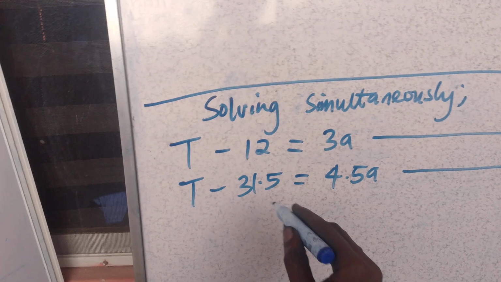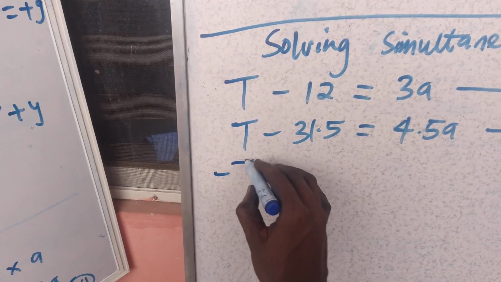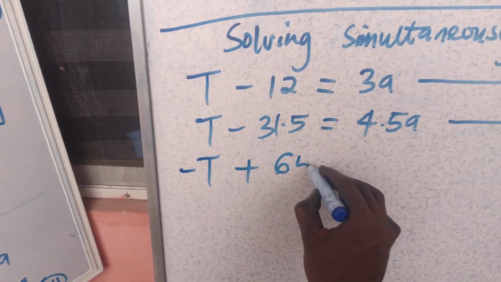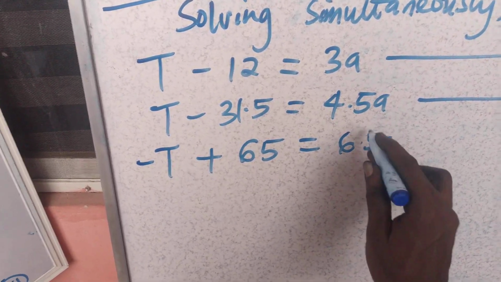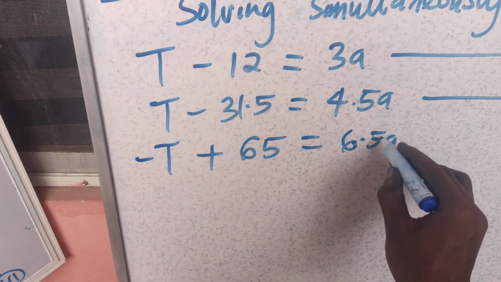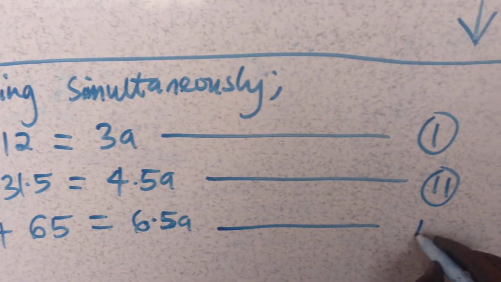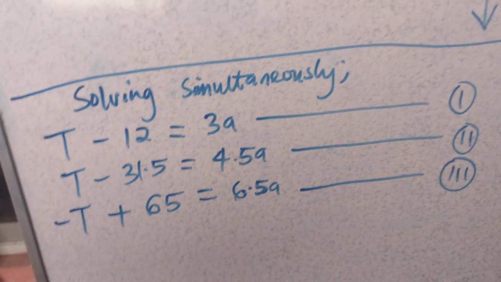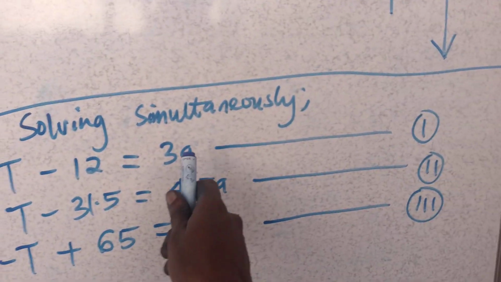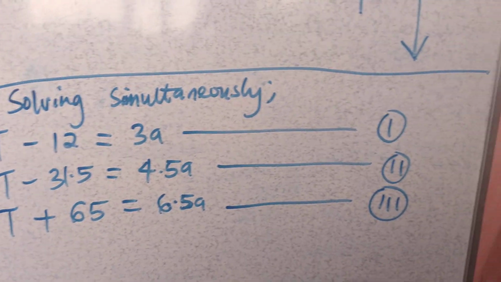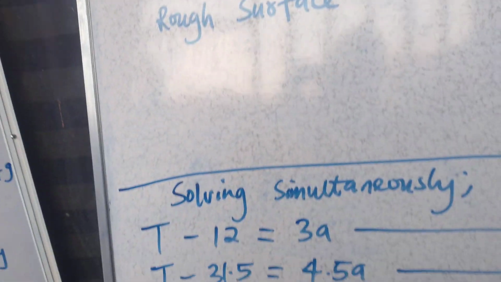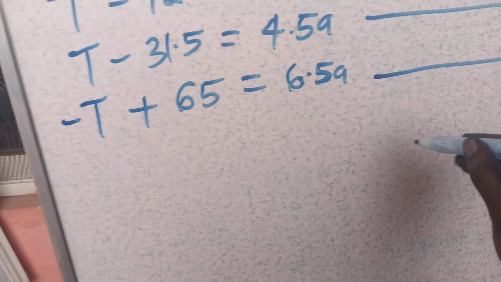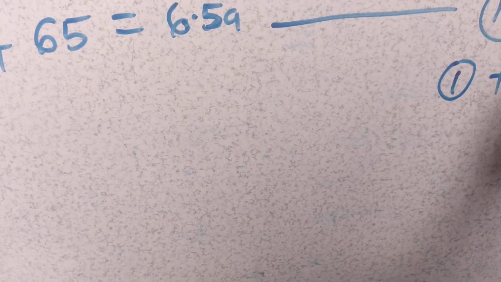And equation 3 is minus T plus 65 equals 6.5a. So what I'll do now is to tackle 1 and 2, since blocks X and Y are on the same plane. I'll say equation 1 plus equation 2.